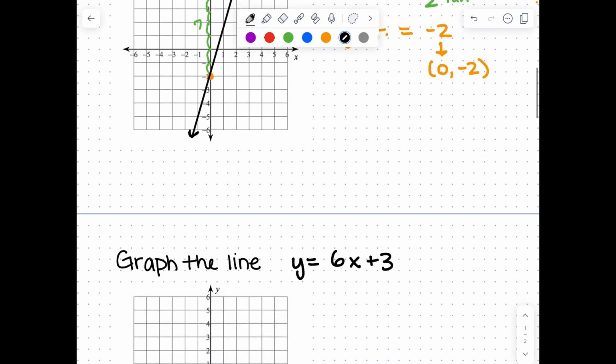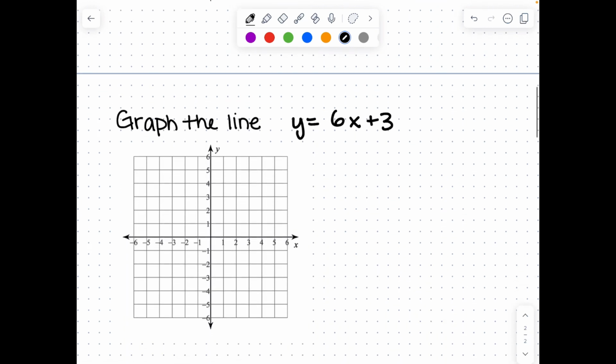Let's go ahead and look at the next one. We're going to graph the line y equals 6x plus 3. Again, our first step, identify the slope and the y-intercept. The slope here is going to be 6 because that's the coefficient on our x value. Our y-intercept we can see is positive 3 because this says plus 3.